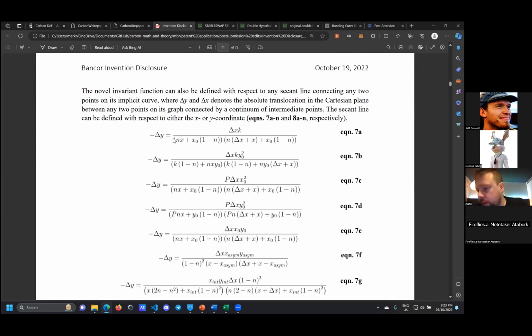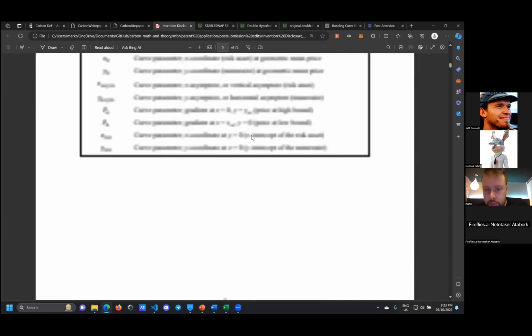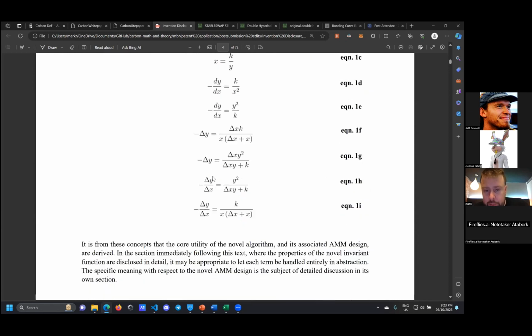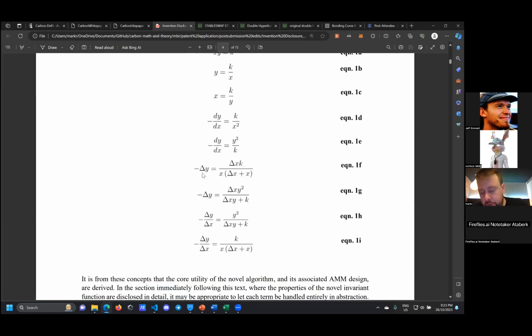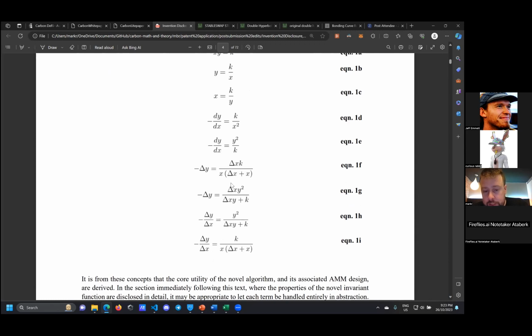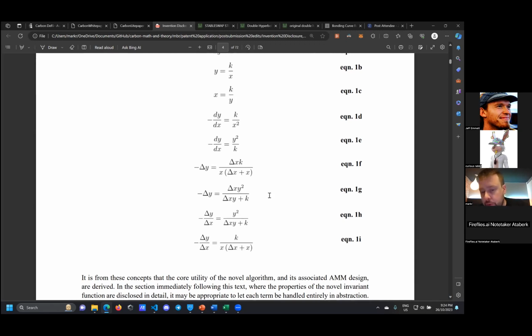In general, in the typical case, if we were performing a swap on something like Uniswap V2, you would probably be used to seeing something like this swap equation, either in terms of k or in terms of x and y. But the point is that it would have both of these coordinates in it.